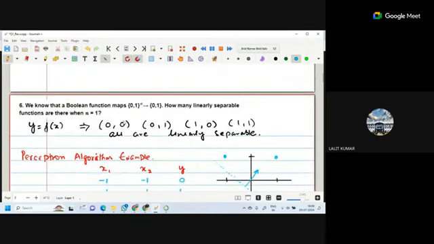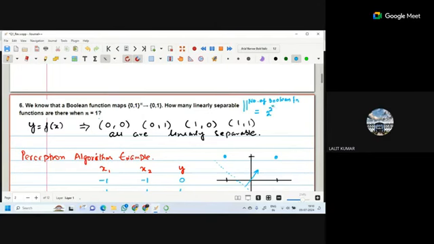Then there was a question in, I think, the GA, that a Boolean function maps 0,1 to 0,1. How many linearly separable functions are there when n is equal to 1? First of all, we have to remember that the number of Boolean functions, including both linearly separable and non-linearly separable, is 2 to the power 2 to the power n.